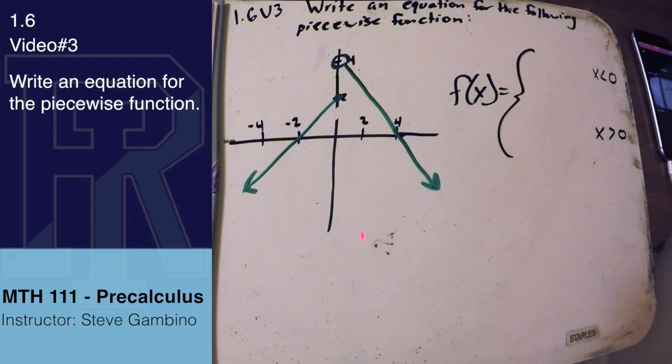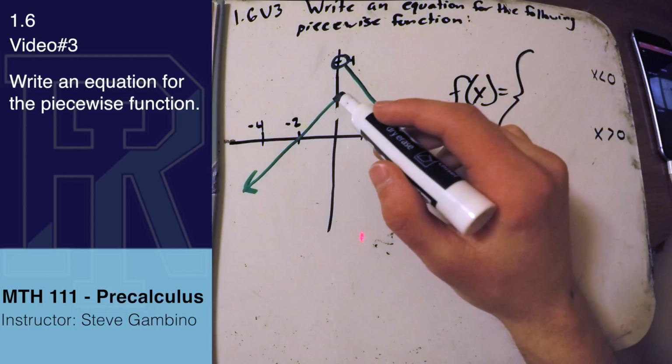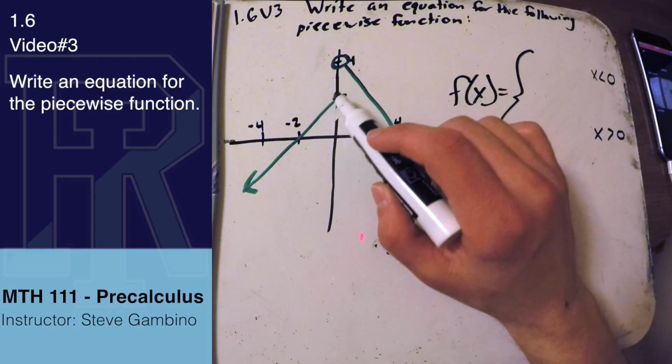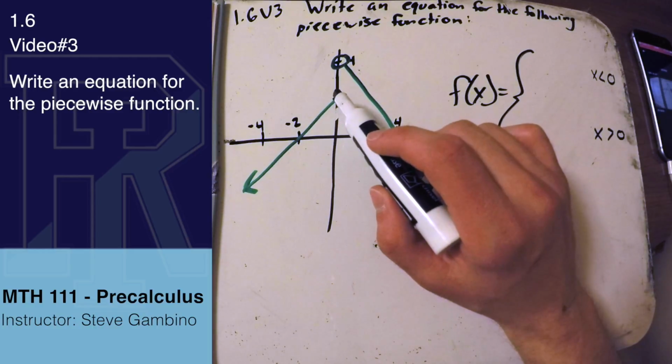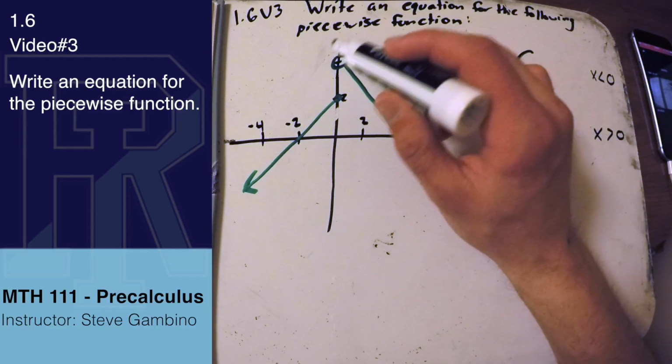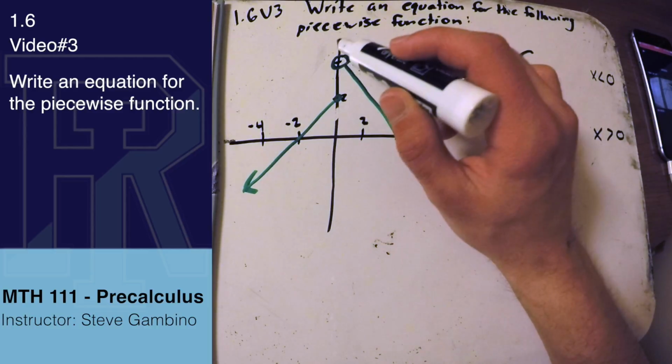So remember, when we draw these on a graph, the closed circle represents that there is a value held there, and the open circle represents that there is not a value held there. So in other words, this line contains up to x equals 0, including at x equals 0, and this one is just starting from x equals 0 but not including it.